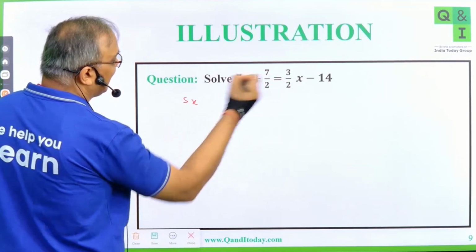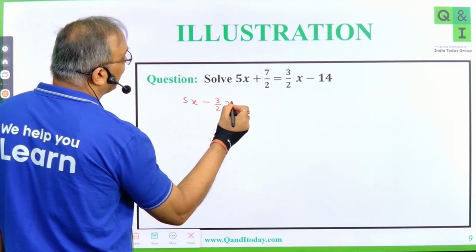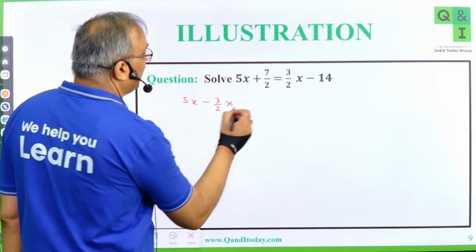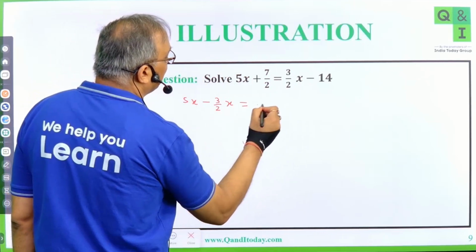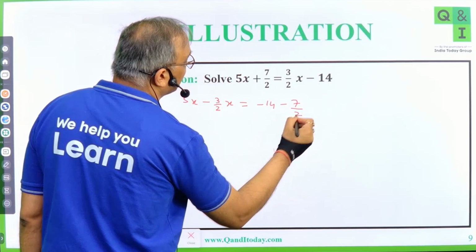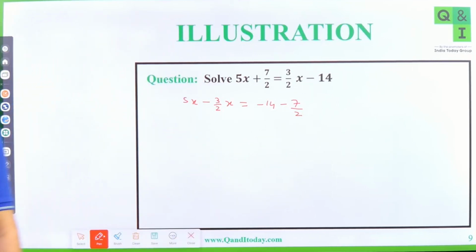So 5x, I'll bring 3 by 2x towards the left. So this will become minus 3 by 2x. This is plus 3 by 2 becomes minus 3 by 2, which is equal to minus 14, and plus 7 by 2 will become minus 7 by 2. Yes, Ishan, it is correct.